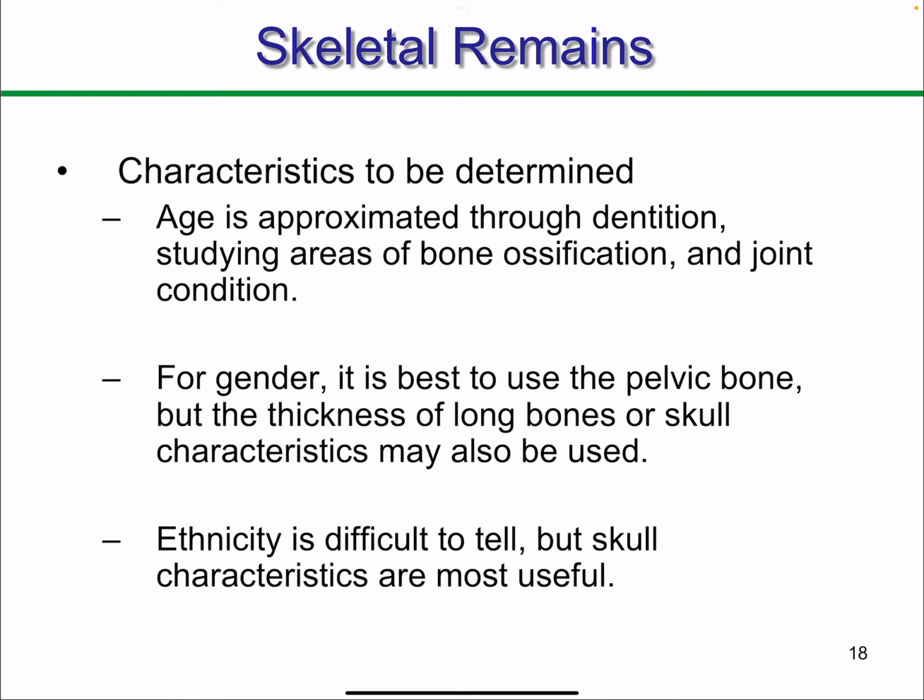When that cartilage, the hyaline cartilage, is completely replaced by bone, at that point the individual is not growing anymore. So we can assume that the individual was an adult when they died.